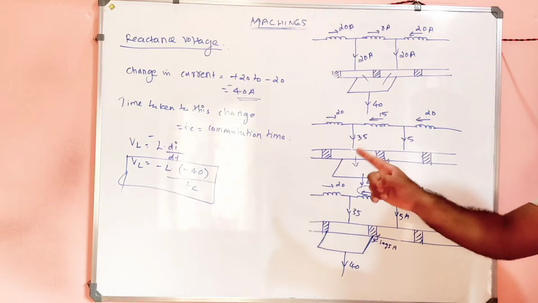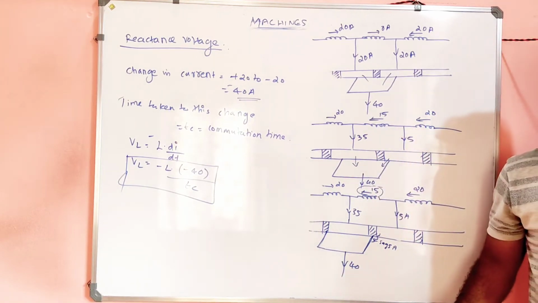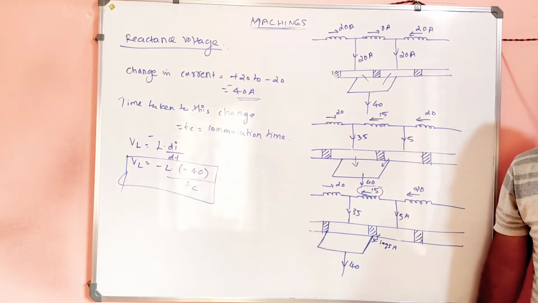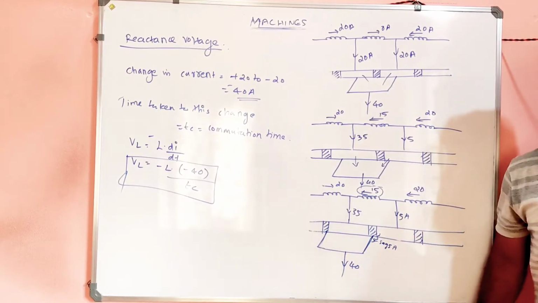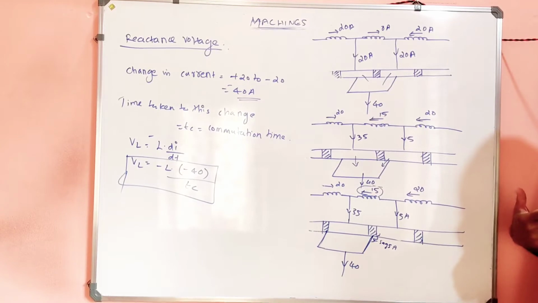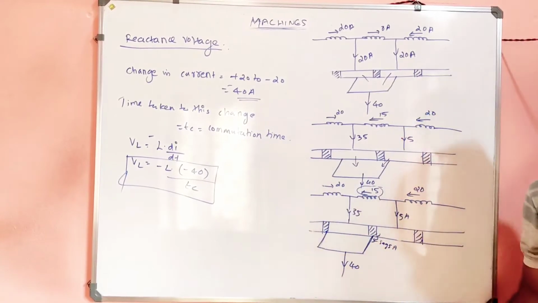So this will be the voltage which is developed within the coil. That voltage will definitely oppose the reason for the change in current, which is the rotation. As far as a motor is concerned, the reason is the applied voltage, so this EMF will be opposing the applied voltage.